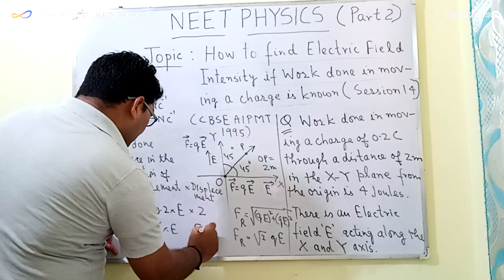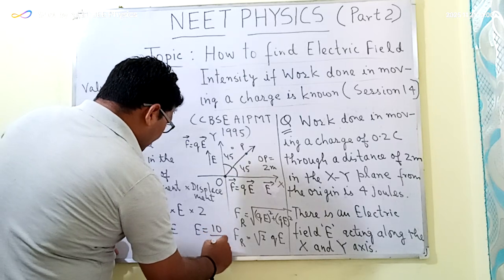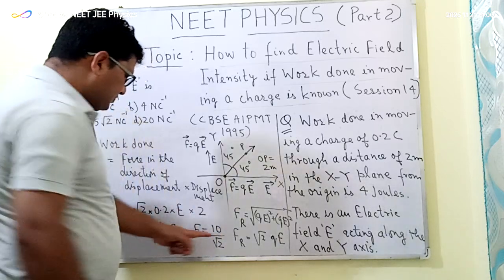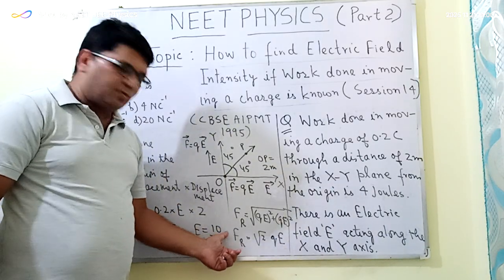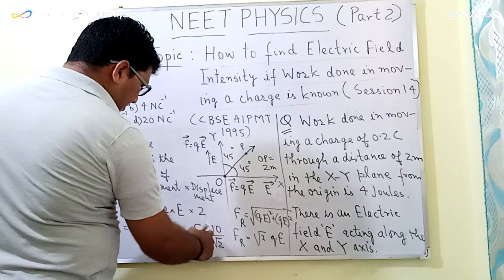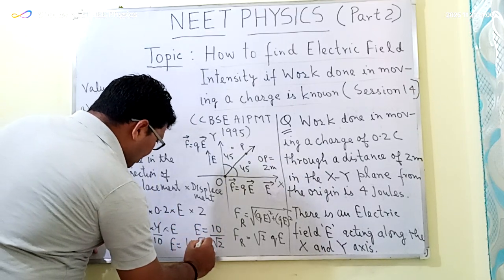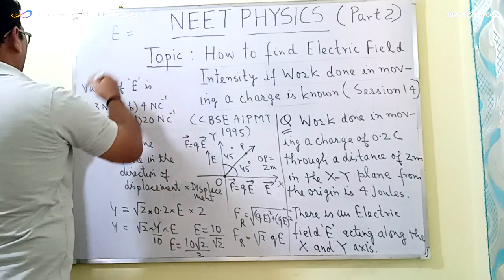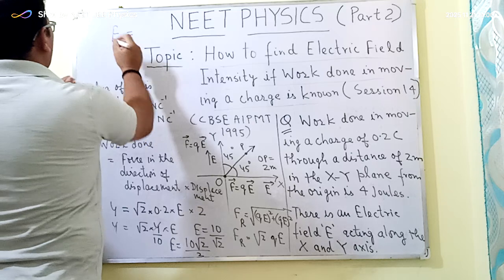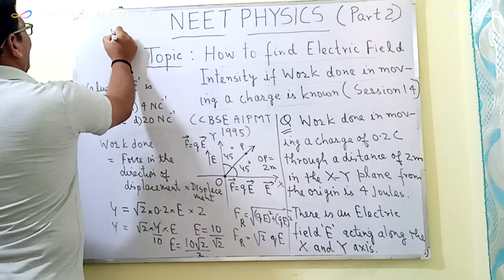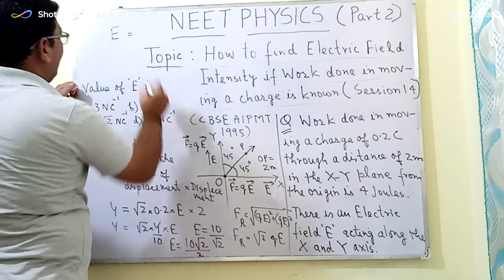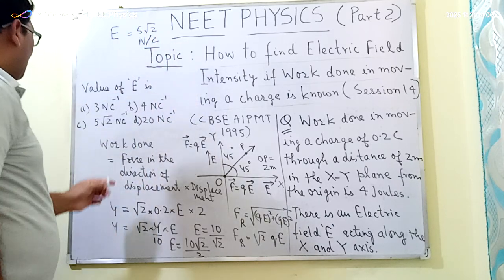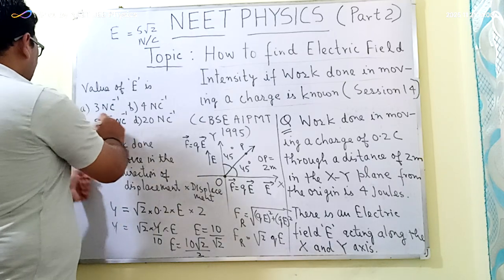So E is equal to 10 upon root 2 newton per coulomb, and this can further be written, if I multiply the numerator and denominator by root 2, as 10 root 2 upon 2. So finally, the value of E will be equal to 5 root 2 newton per coulomb. So the correct option here is C.